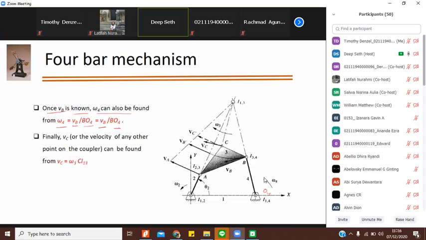So finally, VC can also be found. The same thing: VC is omega 3, which you already know, times the distance from C to I13. So the velocity of any point on the coupler can be found like this.